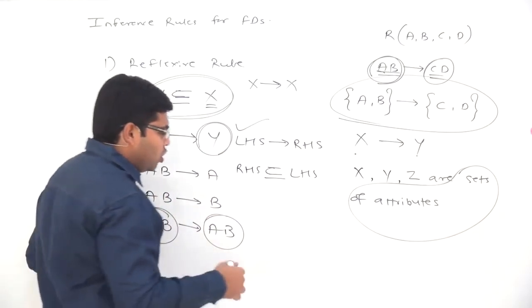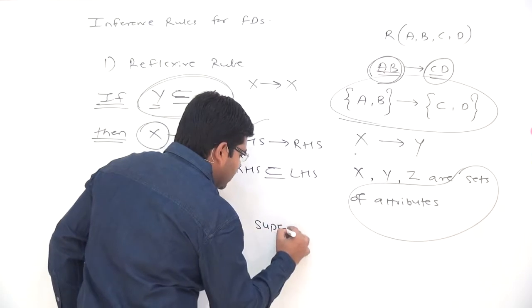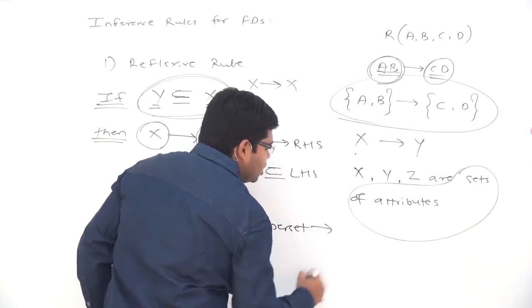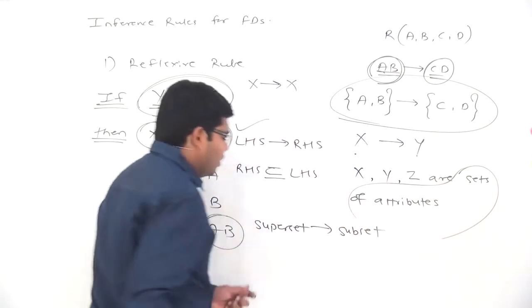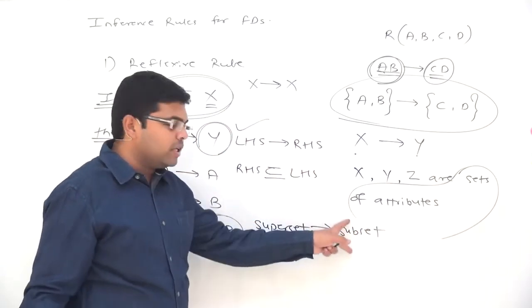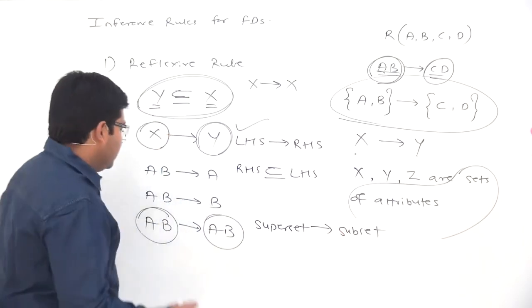Whenever you have this format, superset gives subset, the FD will always hold, the FD will always be valid. And these are the applications.